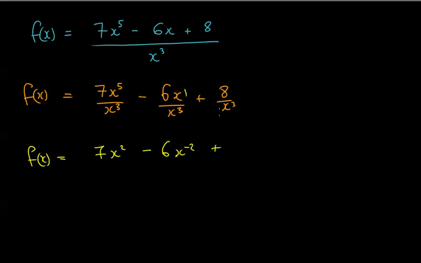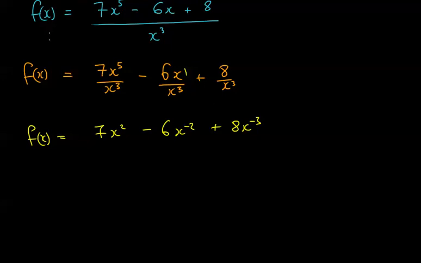And then this one: you've got an x cubed on the bottom, so rewrite that as x to the power minus 3. So this function has been rewritten using laws of indices, subtracting the powers: 5 take away 3 is 2, 1 take away 3 is minus 2, and then that's just x to the power minus 3. This has been rewritten as 7x squared, take away 6x to the power minus 2, plus 8x to the power minus 3.